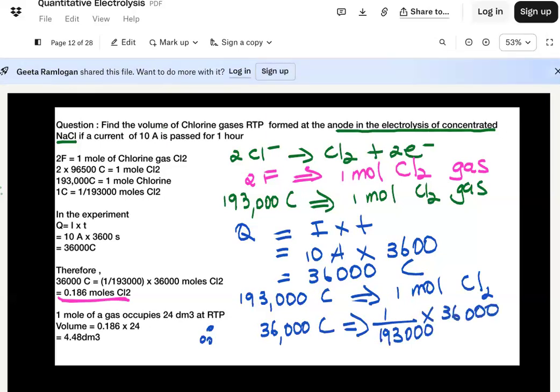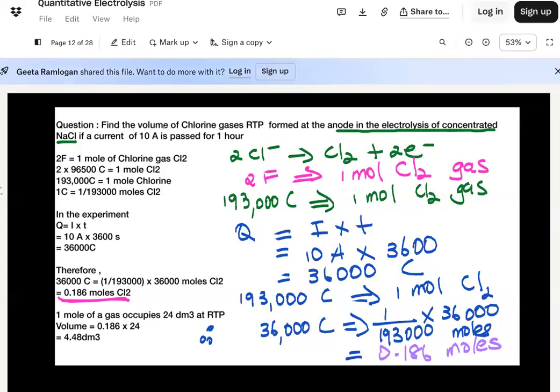And moles will be coming down on this side. So I'm getting how many moles? Are you getting 0.186 moles? Am I right there? So check it over on your calculator. Did you guys check it?